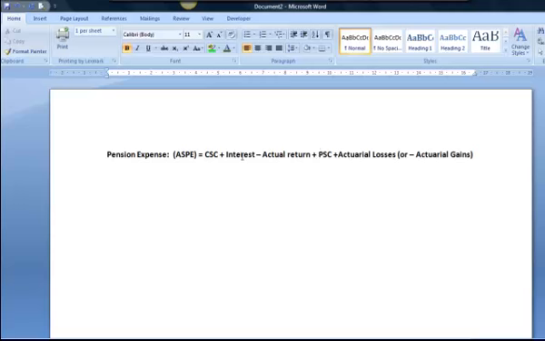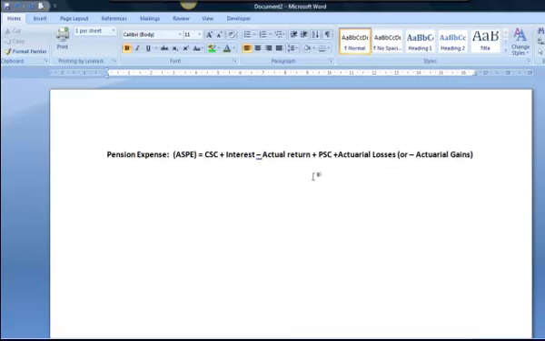So the interest expense is going to be calculated on the ABO, which is the accrued benefit obligation at the beginning of the year, and under ASPE, that's on the funding basis, plus any past service costs that you had at the beginning of the year. You would add those two amounts up and calculate interest cost or interest expense on it for that same year, and that would give you interest.